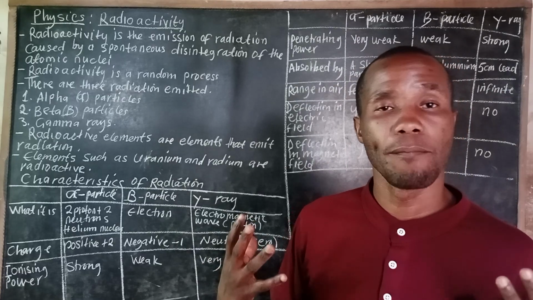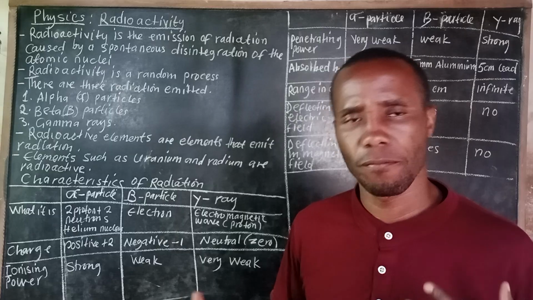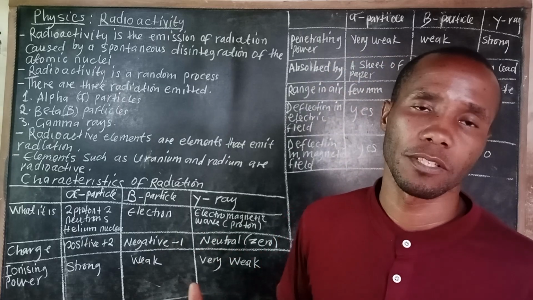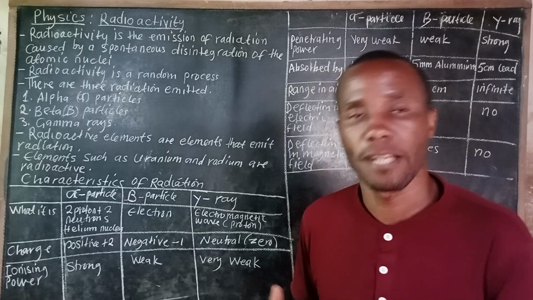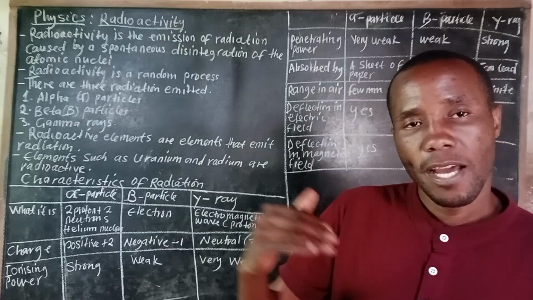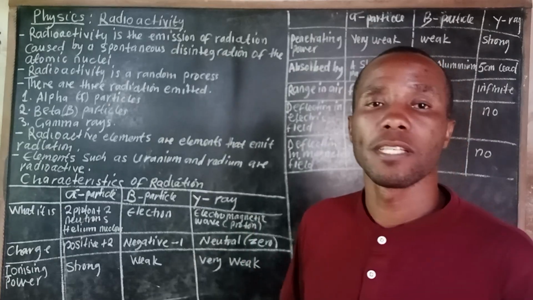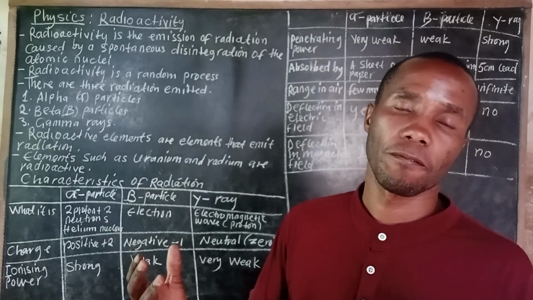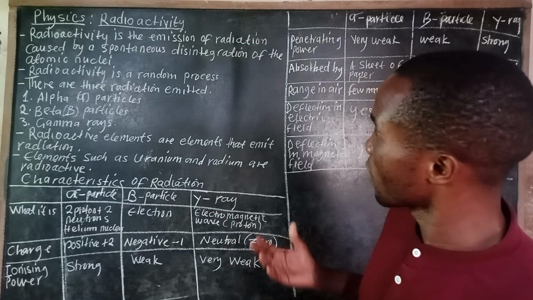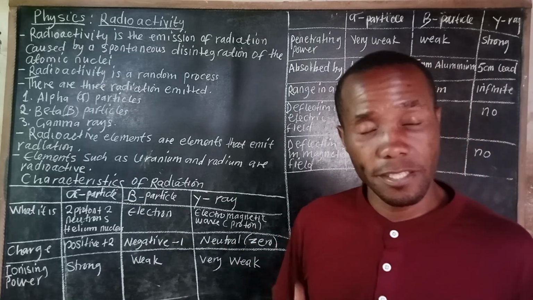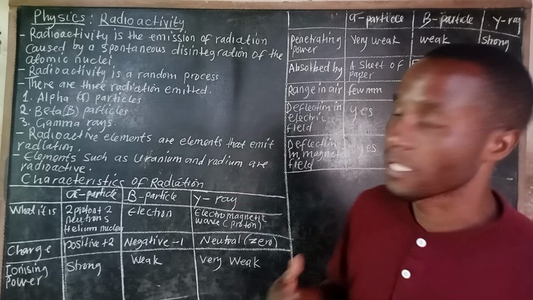When we say emit, that is send off, give off or send out. That is emission, that's what the word emit means. So elements that emit radiation are elements that give off radiation. And we have talked about the types of radiation: alpha, beta, and gamma.